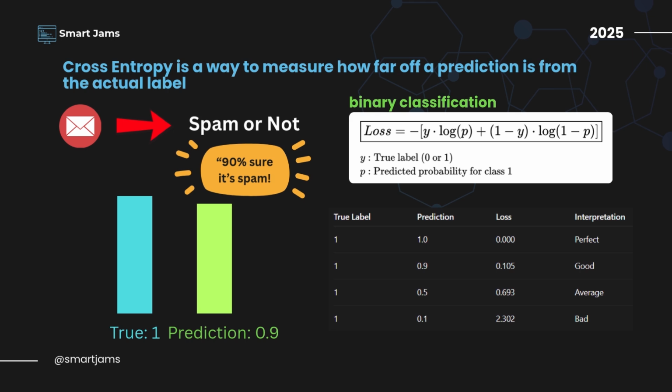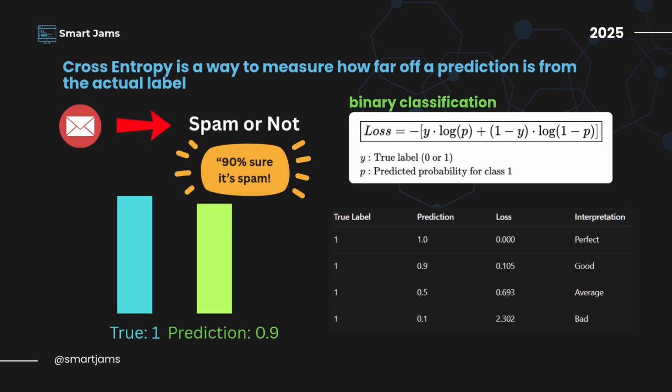Moving to the third row, the prediction drops to 0.5, which shows uncertainty. The model is essentially guessing. The loss increases significantly to 0.693, and we classify this as an average prediction. Finally, in the last row, the model predicts 0.1, which is far from the true label of 1.